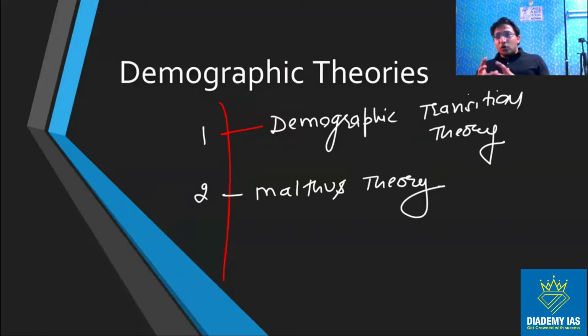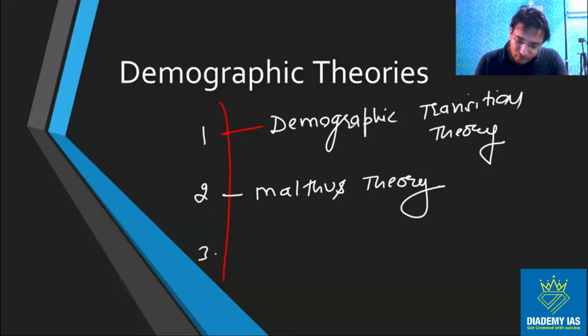So either the human being himself controls his age, his population, and otherwise nature will control the population through its own mechanism, in the form of famines, in the form of widespread disease, in the form of disasters like floods. So nature will have its own way to control the population, right? So this is called the Malthus theory.